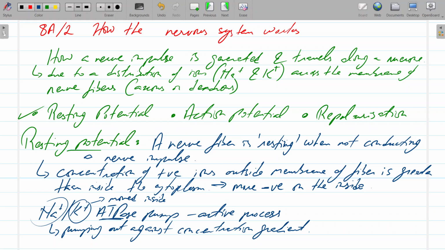Okay. So when the sodium ions are pumped out, again, as I mentioned, against the concentration gradient, the concentration inside falls, obviously.